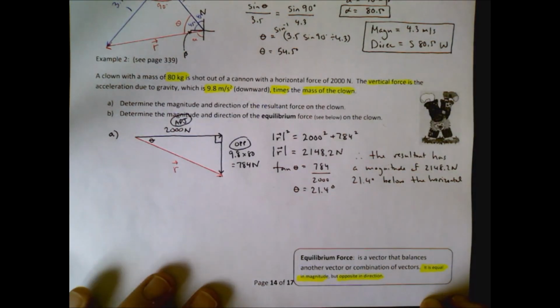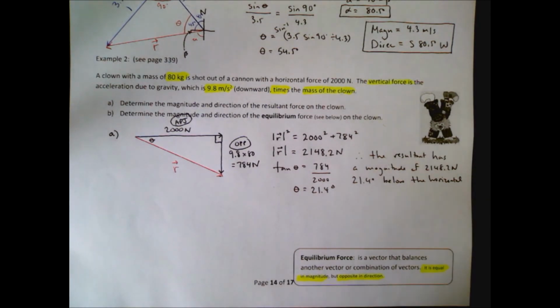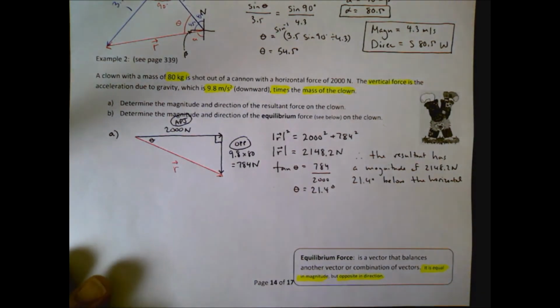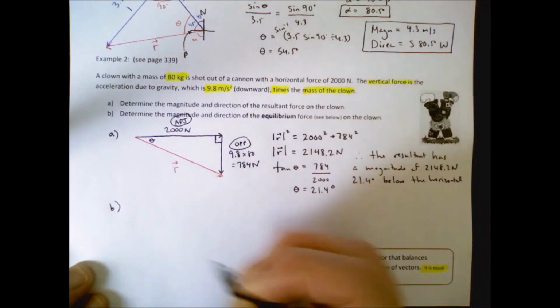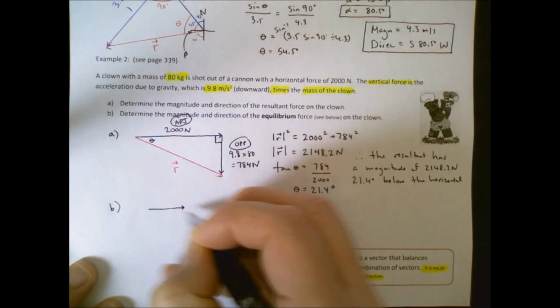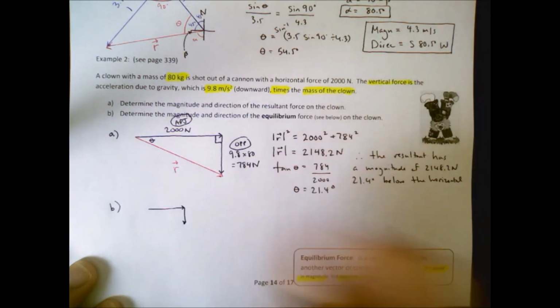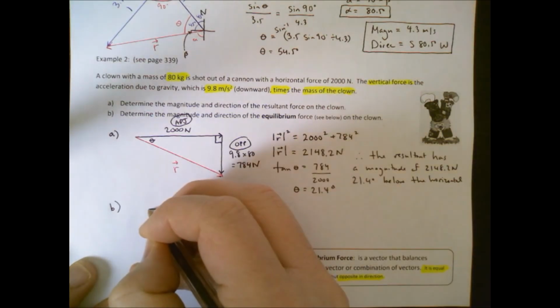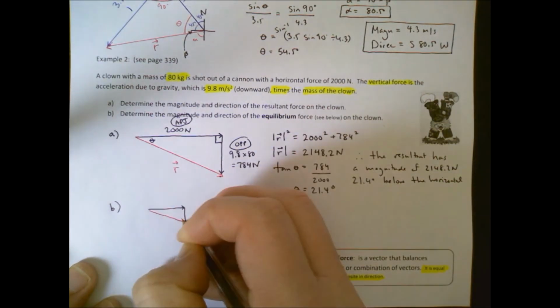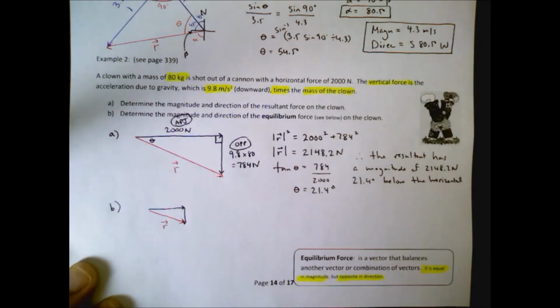Alright, so the equilibrium force. So what I want here is, I have to draw this out again very quickly. So again, I've got this guy here, I've got this guy here. My resultant, I'm going to do this with a ruler. Let's see if I can do a straight line with a ruler. Not bad, Mr. Wills. There's my resultant. So what I want is the equilibrium, which is actually going in the opposite direction.